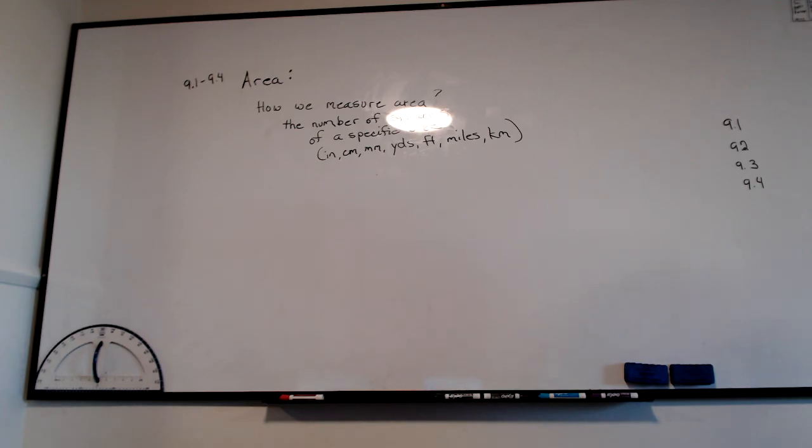If I tell you it's 97 square inches, that's a lot different, because an inch by an inch is a lot smaller. 97 square inches is a lot smaller than 97 square yards.